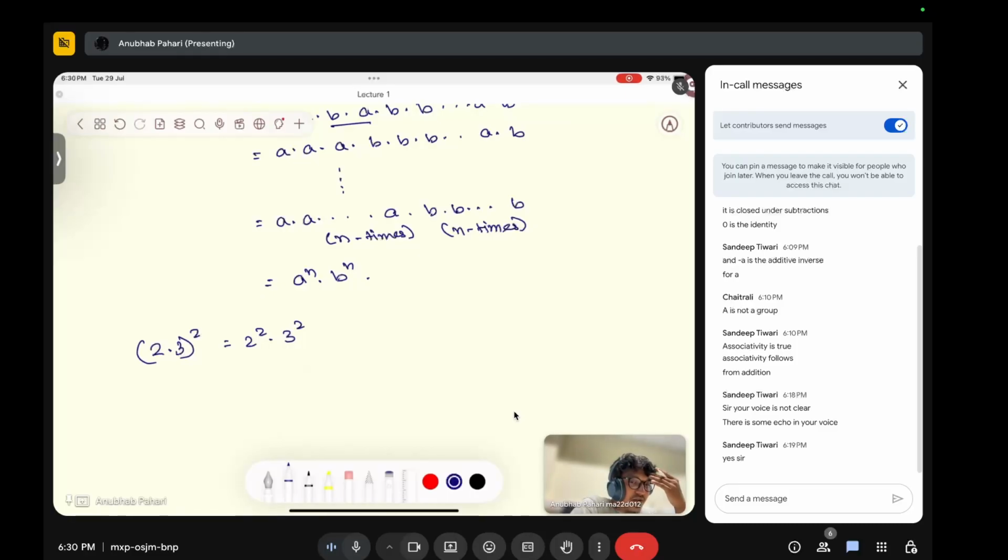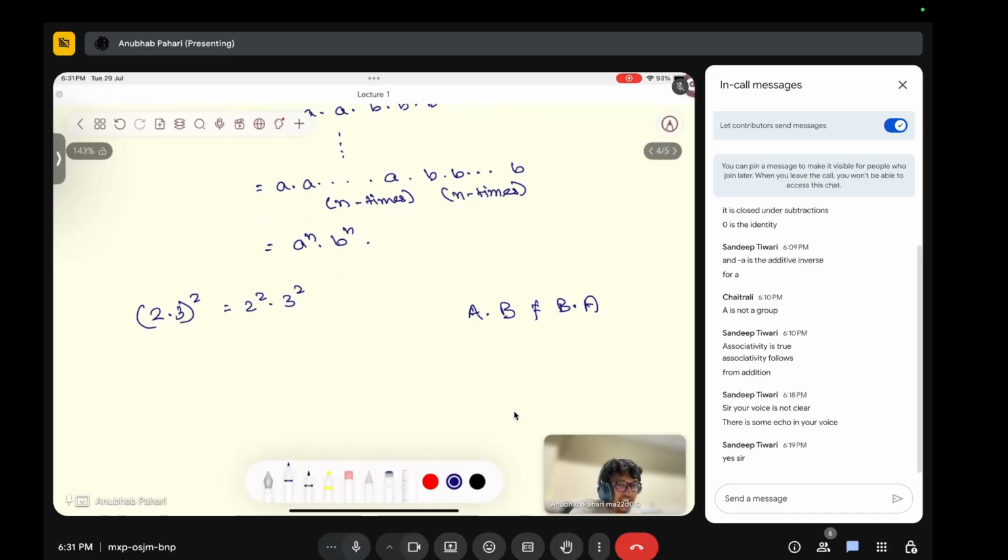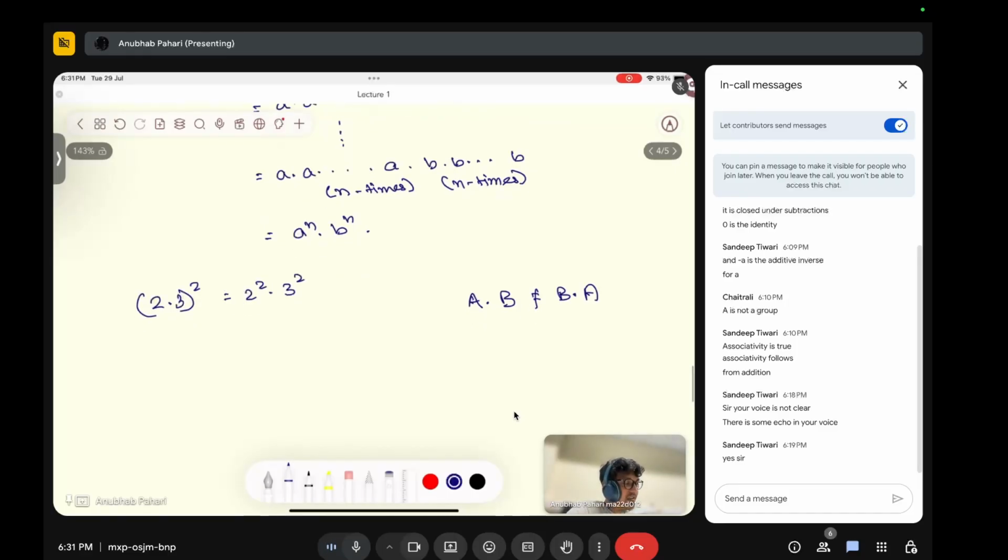You are already familiar with matrices, right? If you take 2 by 2 matrices A and B, you will notice that A dot B might not be equal to B dot A. It is easy to construct an example, but I'm sure you can find it yourself.